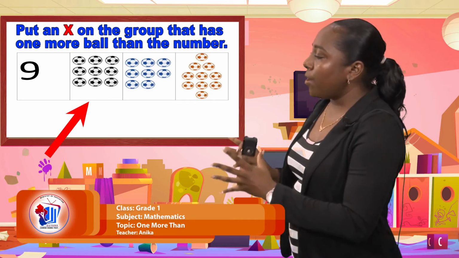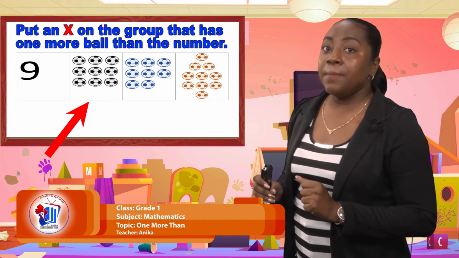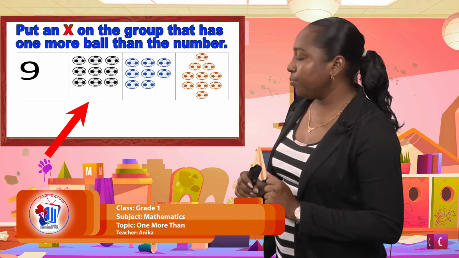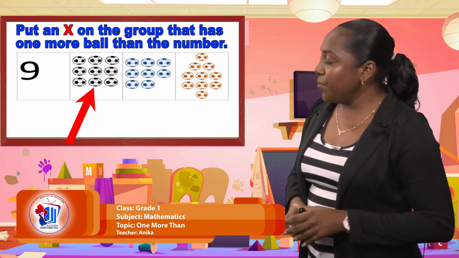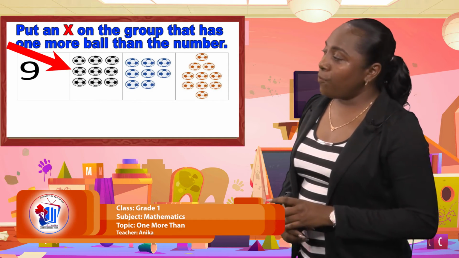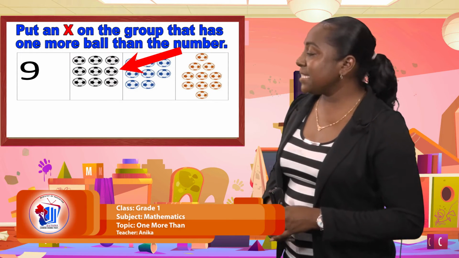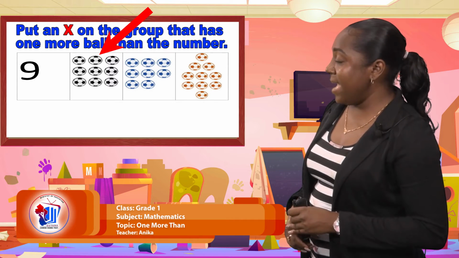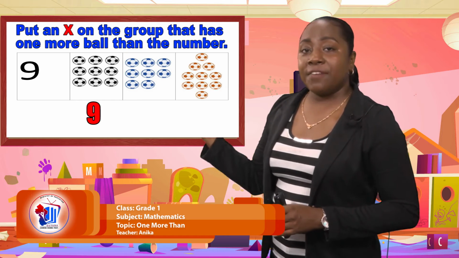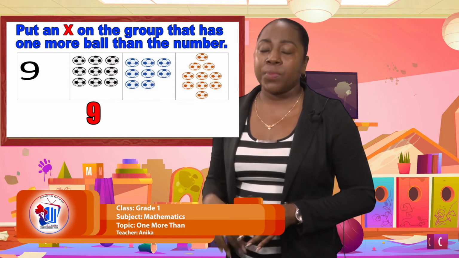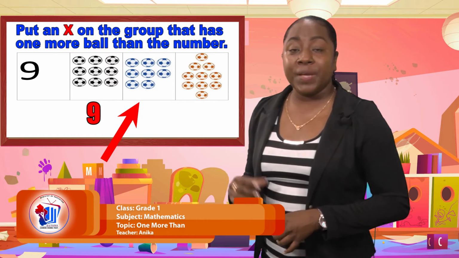I can't tell you what our number is as yet, but let's count the balls. So let's count the black balls. How many do we have in this group? 1, 2, 3, 4, 5, 6, 7, 8, 9. So we have 9 black balls. Let's go to the group in blue.